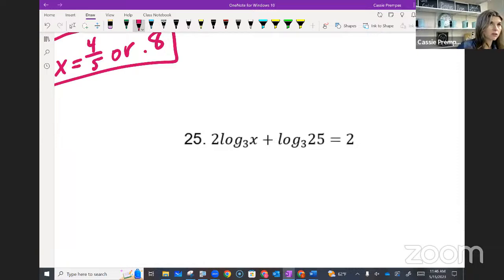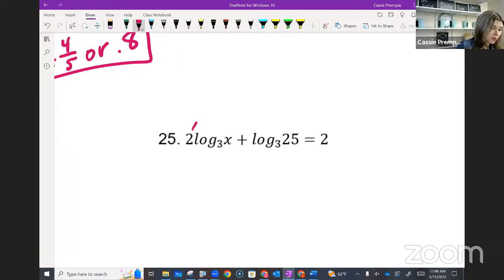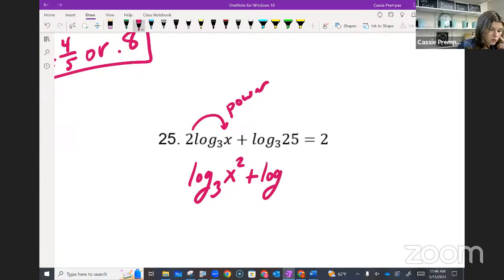25, you have 2 logs. How am I going to make them into 1? There's something. The properties. Good. So you're going to make the power first. So it'll be log base 3 of x squared plus log base 3 of 25 equals 2.